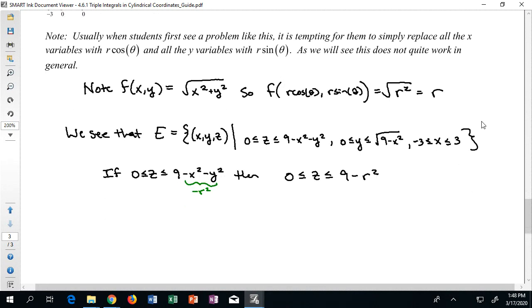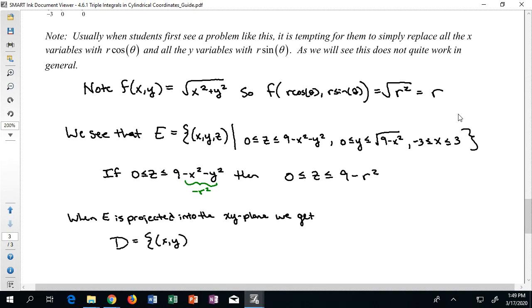But the weird part is to think about the projection into the xy plane. When E is projected into the xy plane, we get D, which is a bunch of x, y points where we can see where y is bounded and where x is bounded.